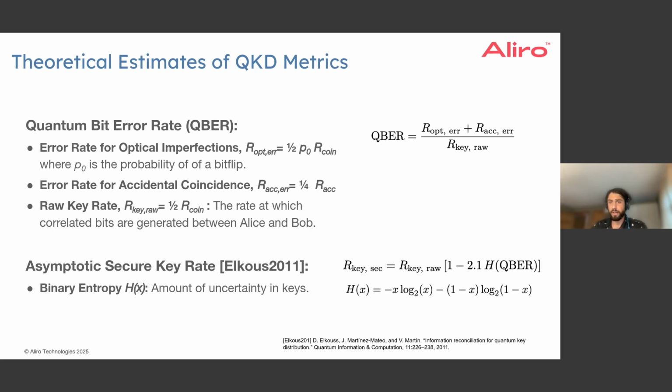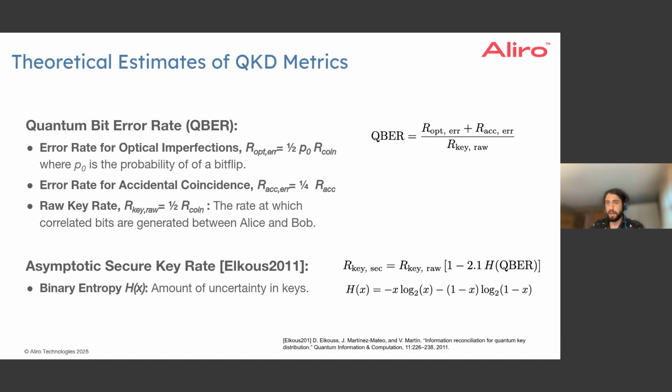And this standard equation is shown here to the right. It depends on the binary entropy of the quantum bit error rate. As there is more uncertainty in the quantum bit error rate, there are more errors. What that means is that this binary entropy increases and the overall secure key rate decreases.